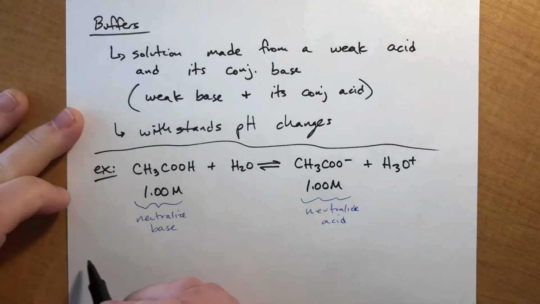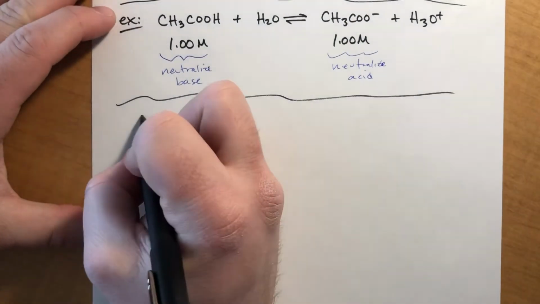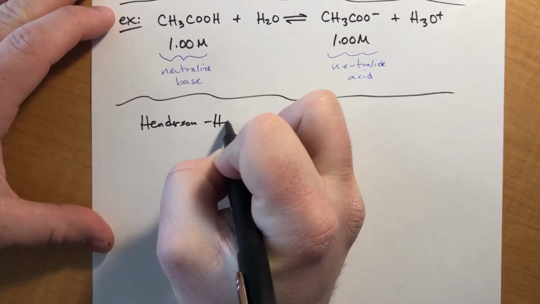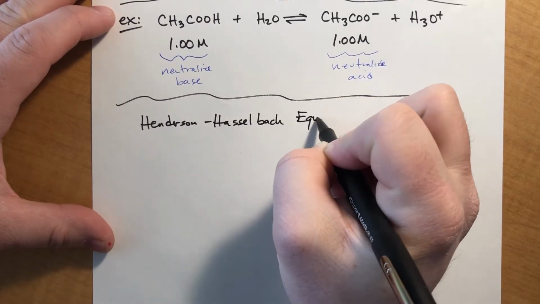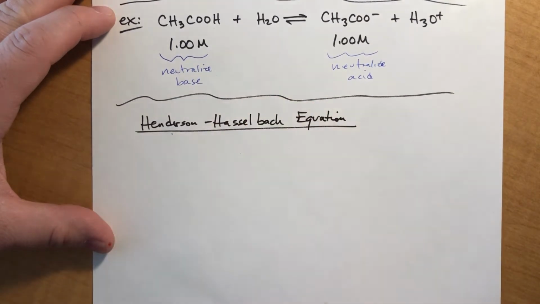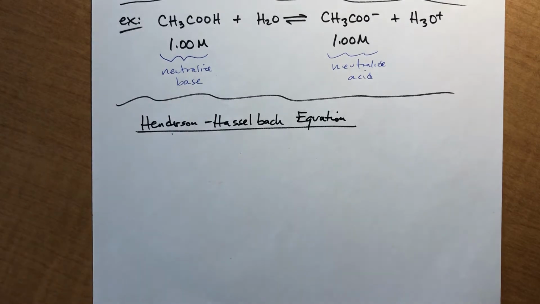Okay, there is honestly a nice little algebra equation to explain how buffers work. We're going to just start with that. This is known as the Henderson-Hasselbalch equation. I don't know if that's two guys or one guy with a hyphenated name or a girl.